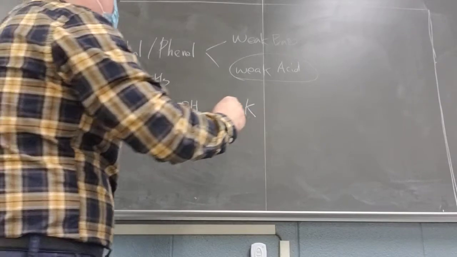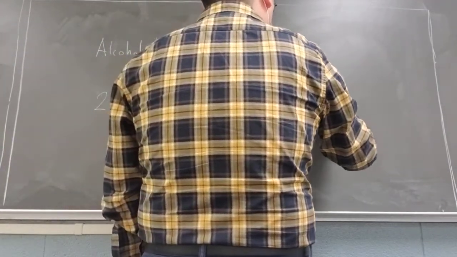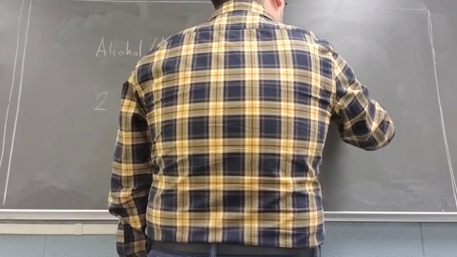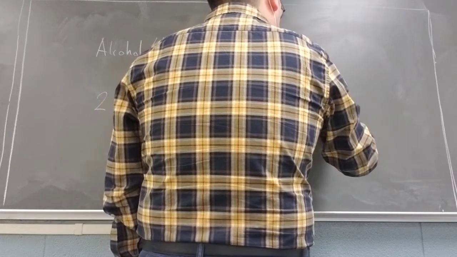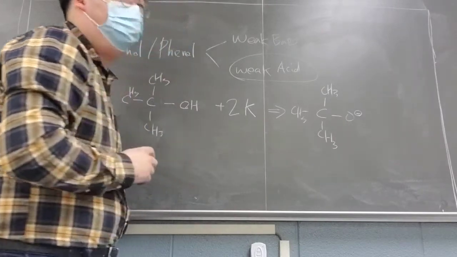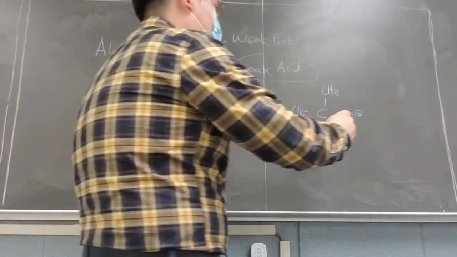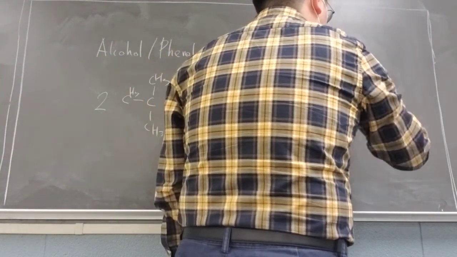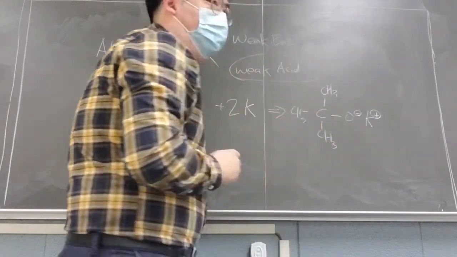What you can expect here is tert-butoxide. Once the hydrogen leaves from there, the oxygen will pair with the potassium cation over here.